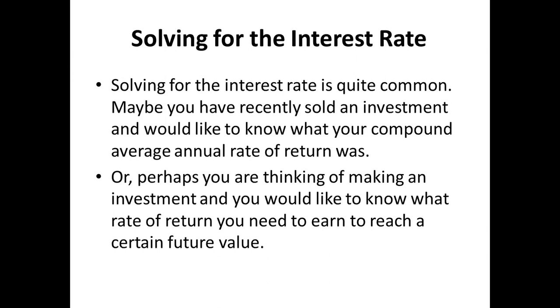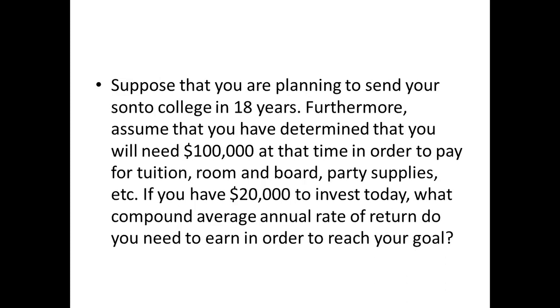We will discuss how to calculate the required rate of return or the interest rate in this example. Let us take the example that you are planning to send your son to college in 18 years.